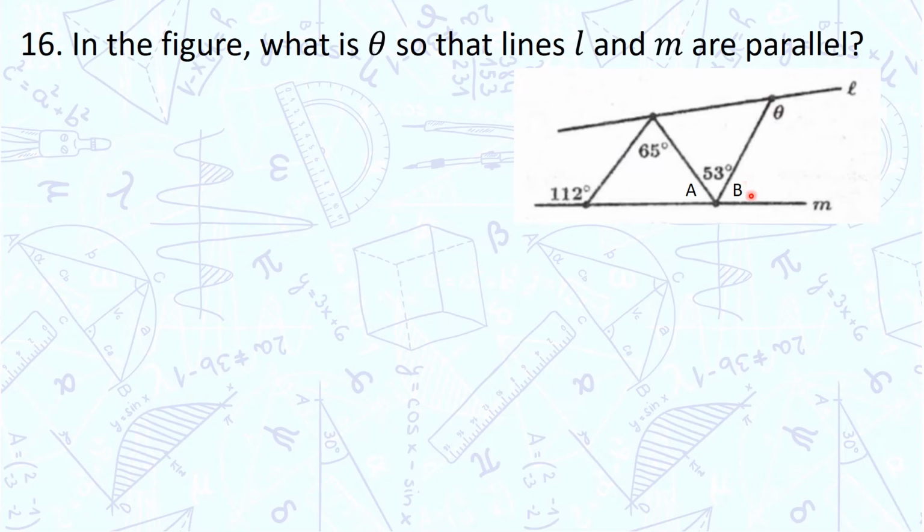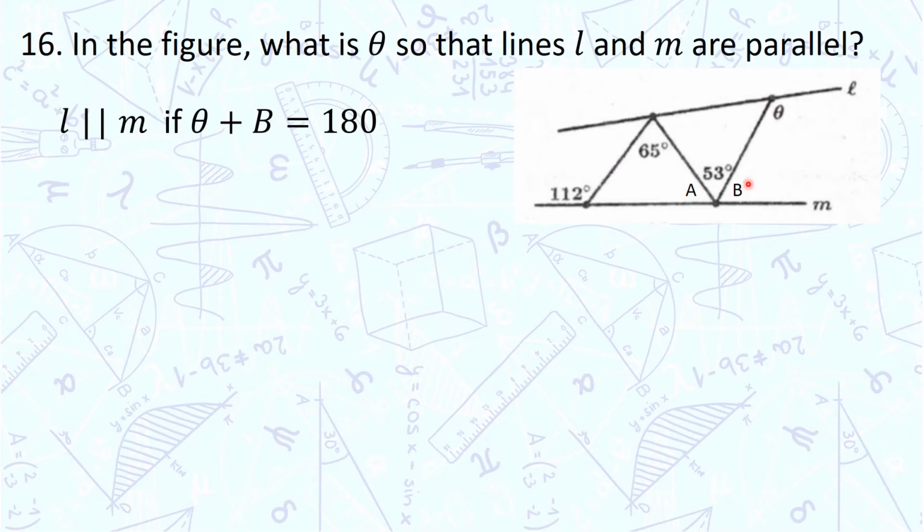Let's name this angle to be angle B. Now, line L and line M will be parallel if theta and B are supplementary angles. That is the converse of the same side interior angles theorem.